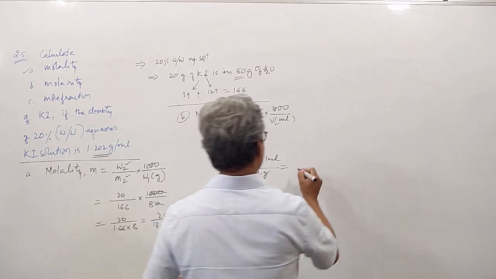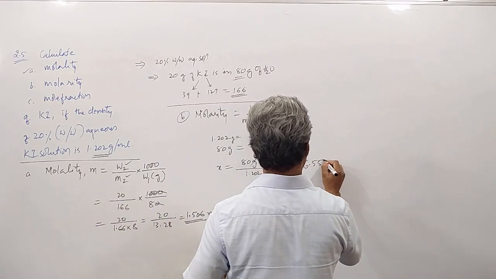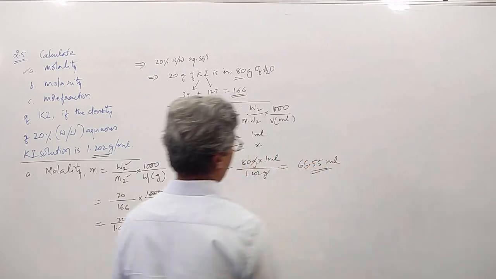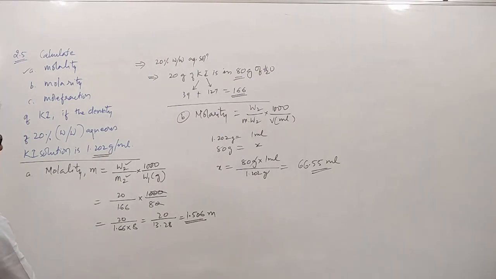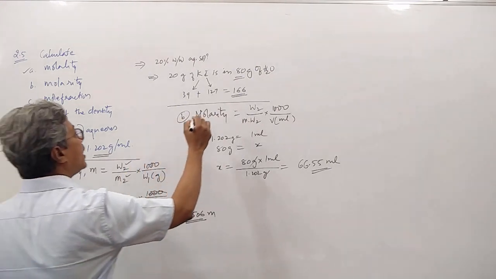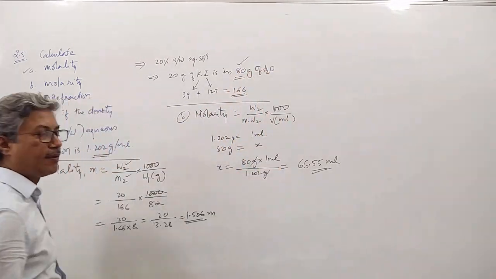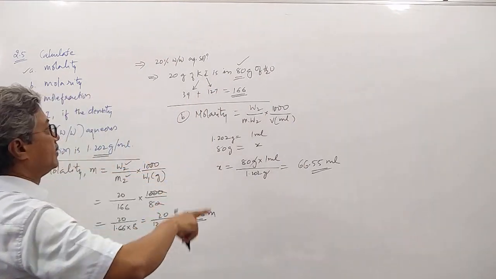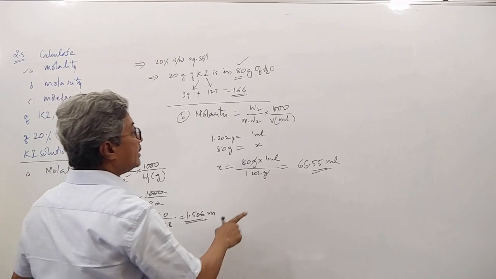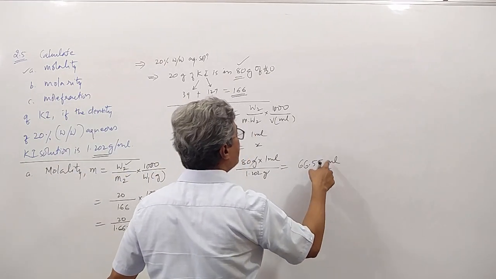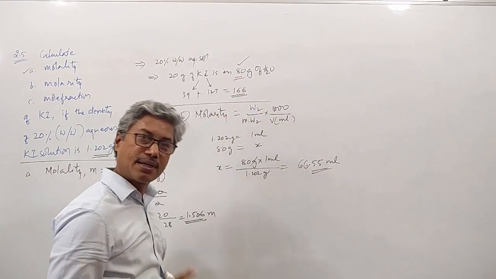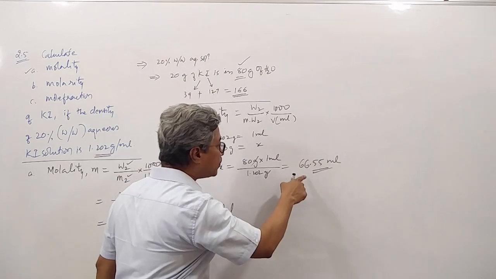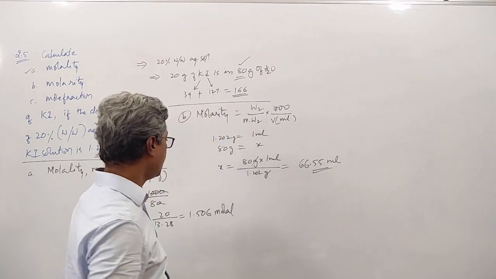This will be 66.55 milliliter. See students, for the calculation of molality, we directly used the weight of the solvent. Now the weight of the solvent should be converted into volume. Okay students, 66.55 ml weighs 80 gram. Clear? If density is given, use this volume for the calculation of molarity.